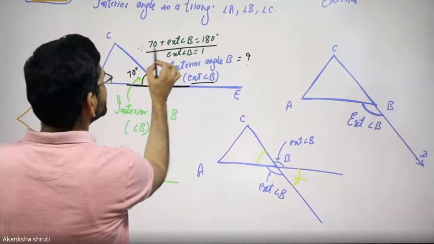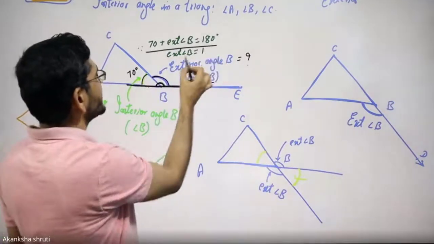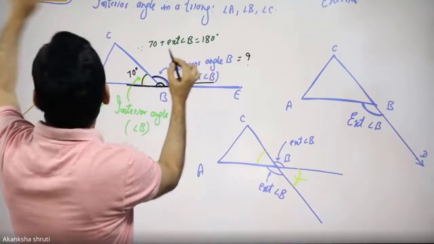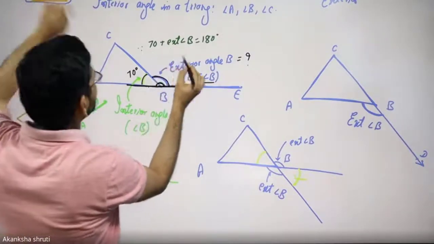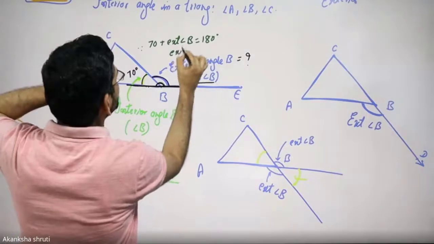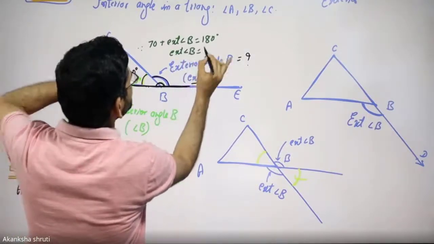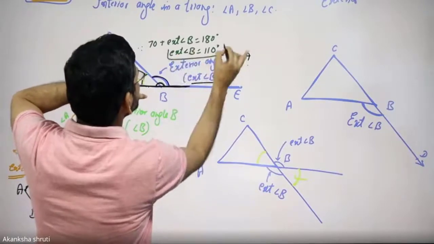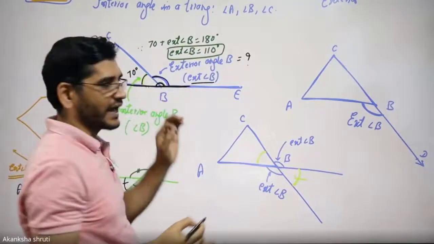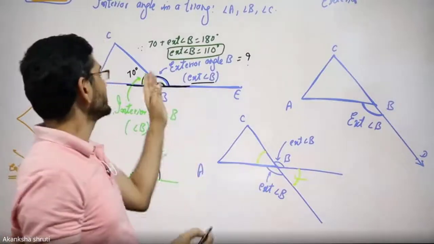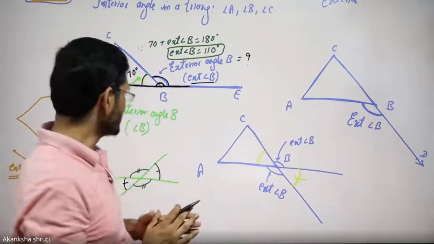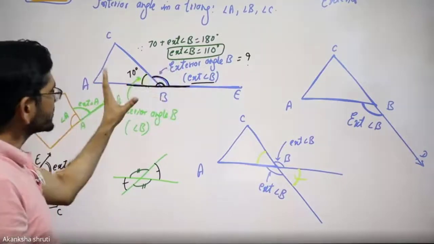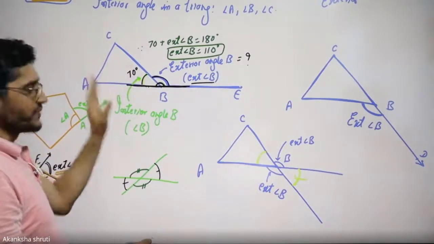So applying 70 plus external angle B is 180, external angle B equals 180 minus 70, which is 110 degrees. This way the external angle of a triangle can be calculated very easily if the internal angle is known to us. So this is the relation between the internal and external angle and the total sum of internal angles.